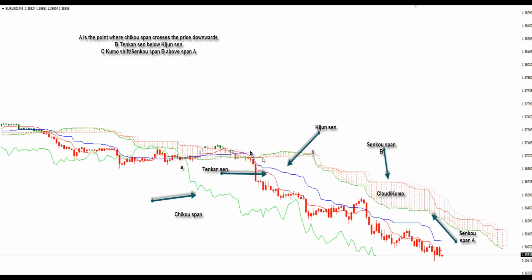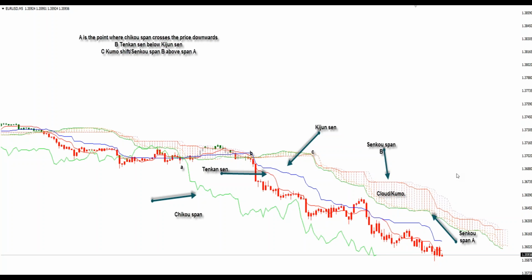So in traditional Ichimoku charts, because Ichimoku is a trading system in itself, you need to wait for blue above red, price below Kumo, Senkou span A below Senkou span B, Chikou span below price, and that is your entry. I mean, it's too complicated and there is a lot of lag.